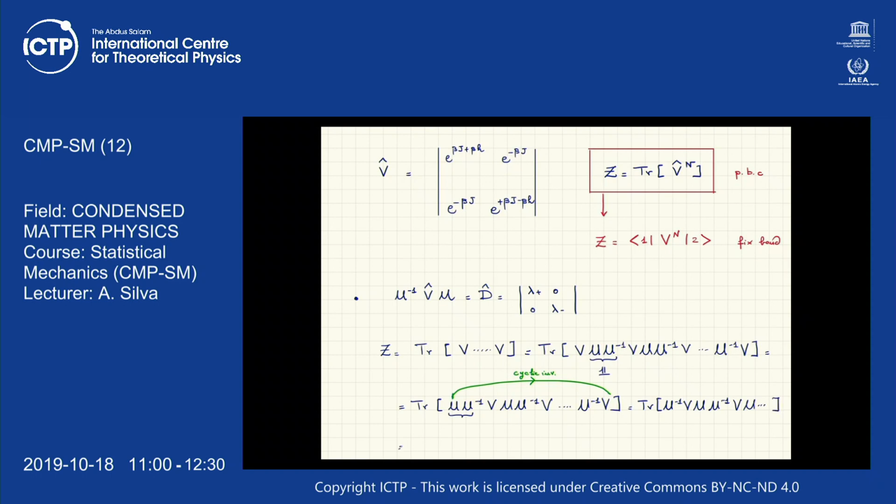So this is equal to the trace of D to the power n, right? Where D is the diagonal form of the matrix V. But the trace of D to the power n is trivial. This is lambda plus to the power n plus lambda minus to the power n.